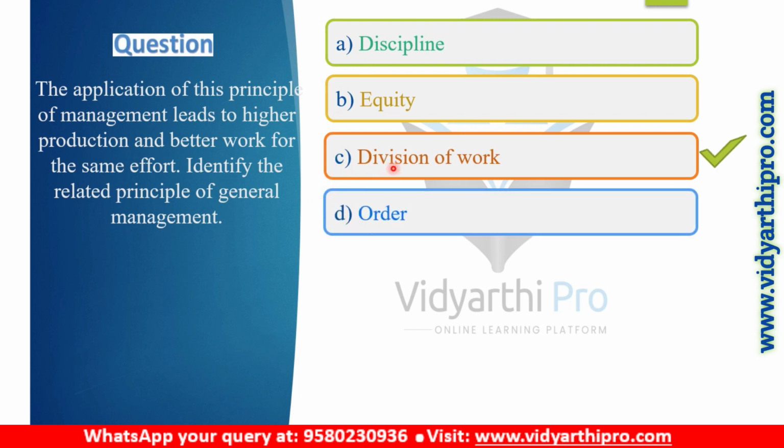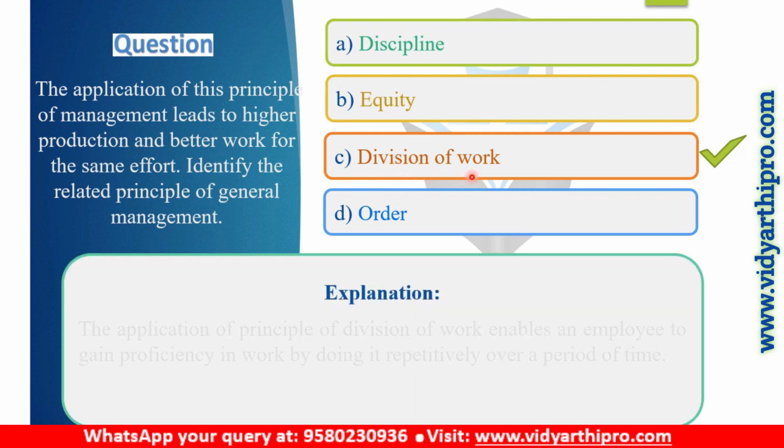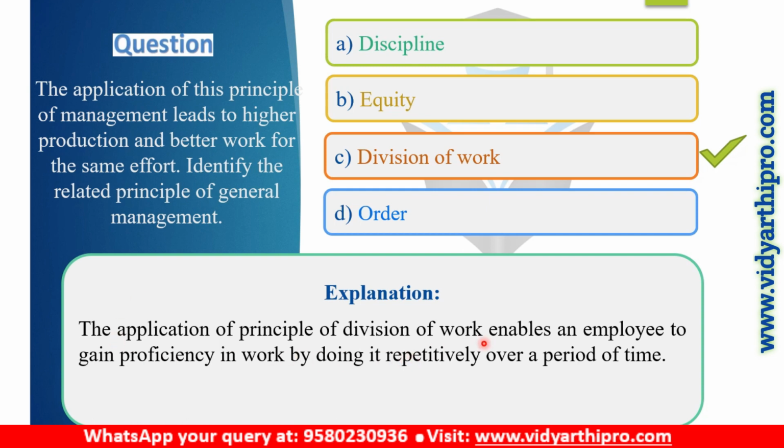And the correct answer for this question is option number 3, division of work. Because the application of the principle of division of work enables employees to gain proficiency in work by doing it repetitively over a period of time.